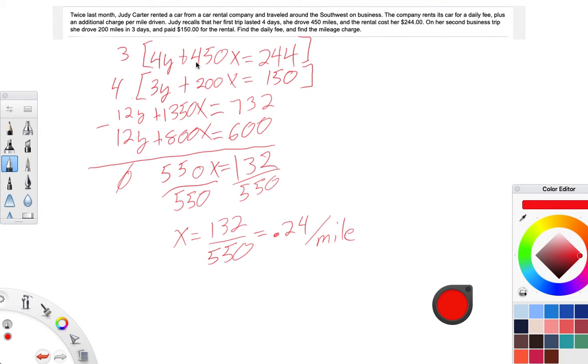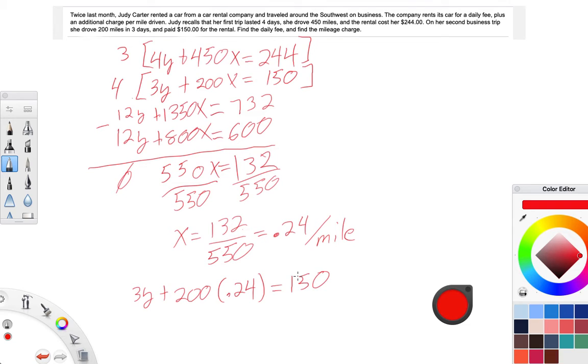Okay, so now we can go back and plug this into one of these equations. Let's do the bottom one. So we have 3y plus 200 times 0.24 is equal to 150.